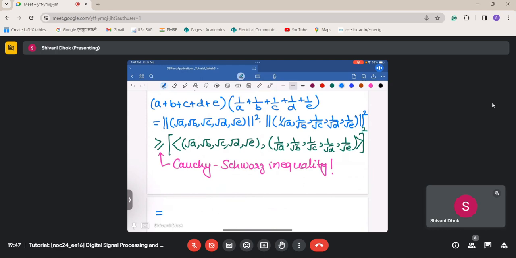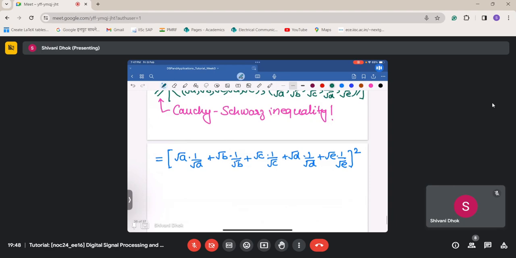This will be equal to root A multiplied by 1 by root A plus root B multiplied by 1 by root B plus root C into 1 by root C plus root D into 1 by root D plus root E into 1 by root E, and whole squared.